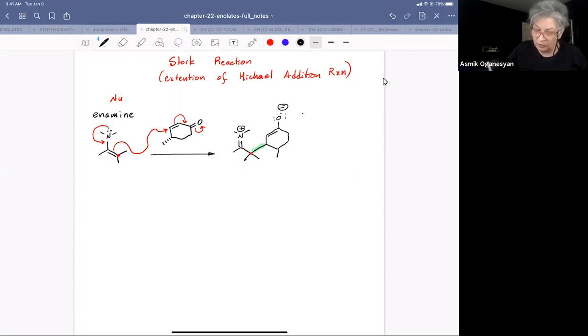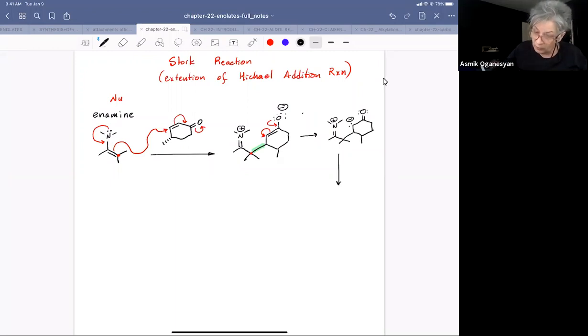Here we are. So the electron density is going to come back from carbonyl oxygen, move onto the gamma carbon. Okay. And this reaction is actually done under acidic conditions.